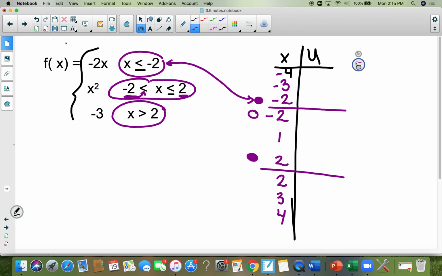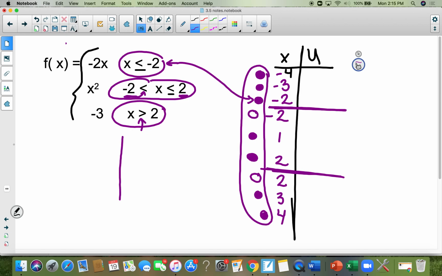And the second 2 doesn't have a line underneath it, so it's an open circle. These are your important points where they divide the sections up, and the rest of them are always closed circles. You're going to use this little coding system to help you figure out if it should be an open or closed circle on your piecewise graph.